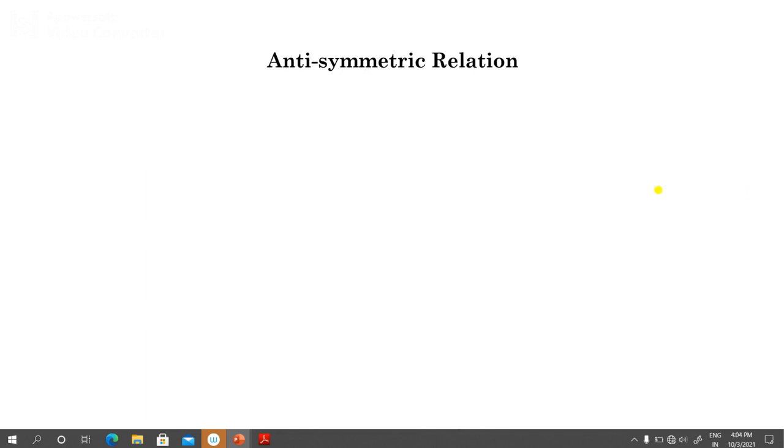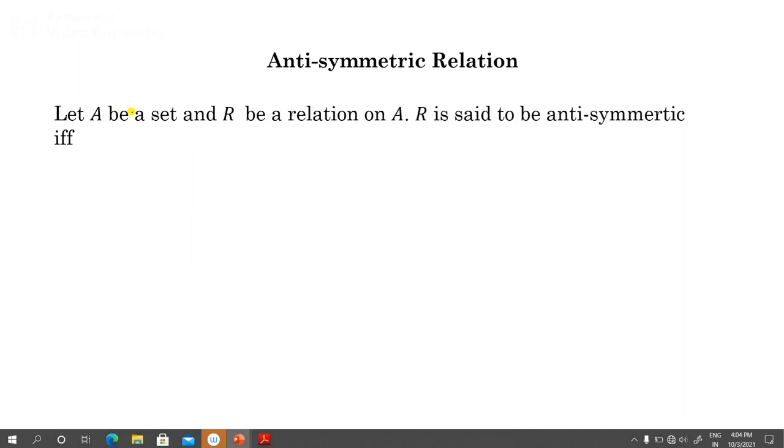Now, antisymmetric relation. Let A be a set and R be a relation on A. R is said to be antisymmetric if for all x, y belongs to A, (x, y) belongs to R and (y, x) belongs to R implies x equal to y.